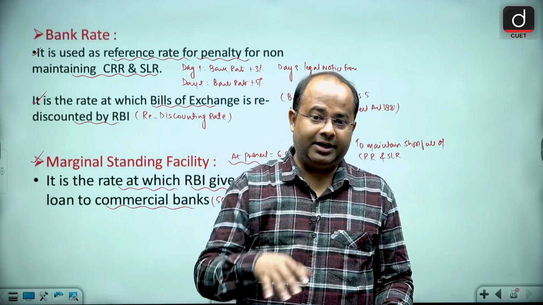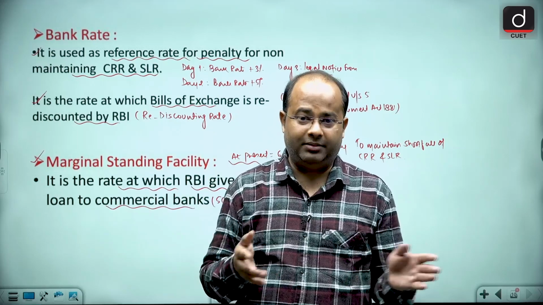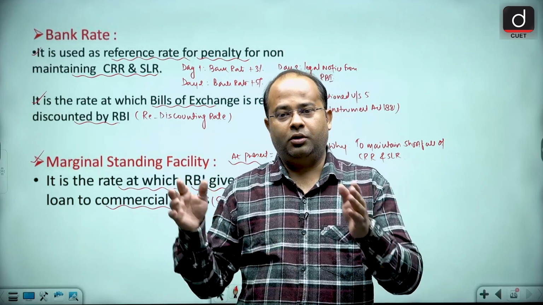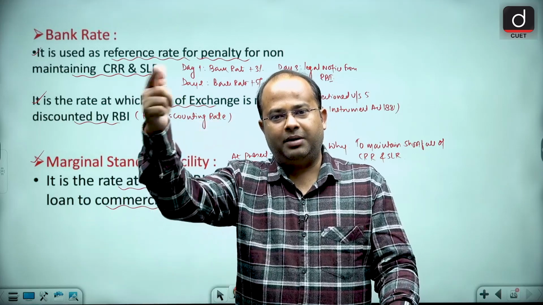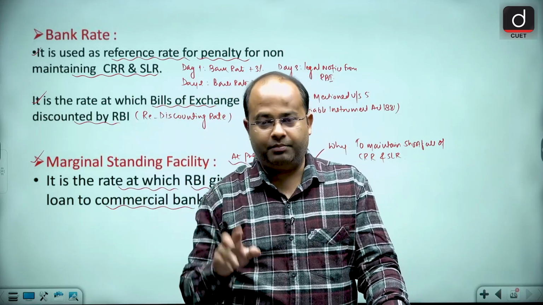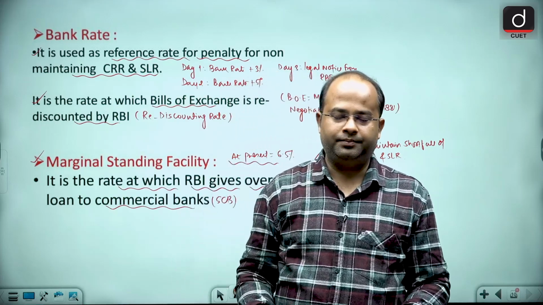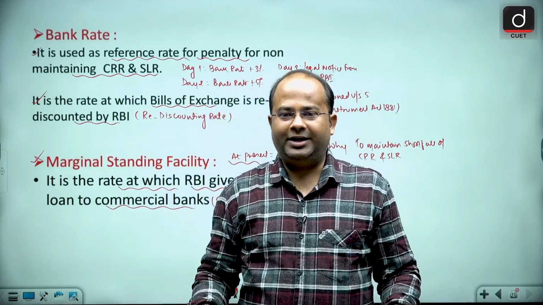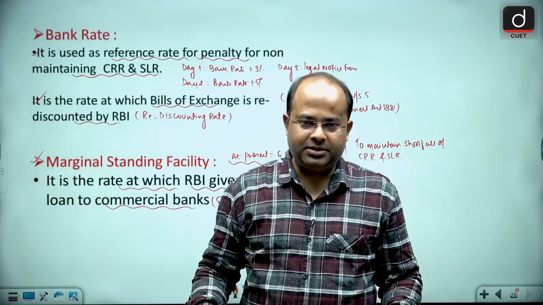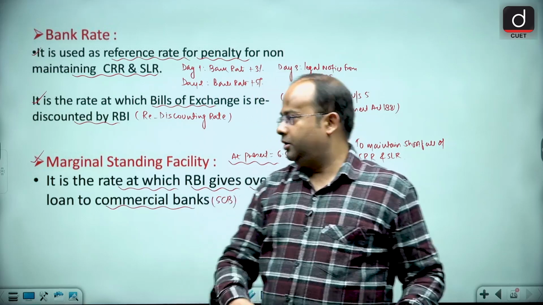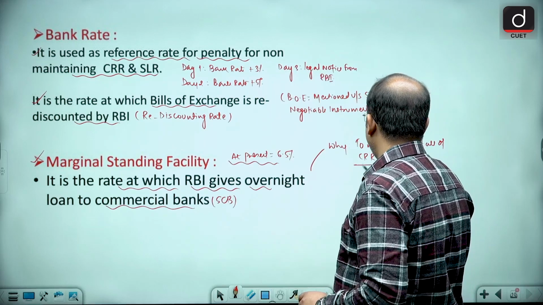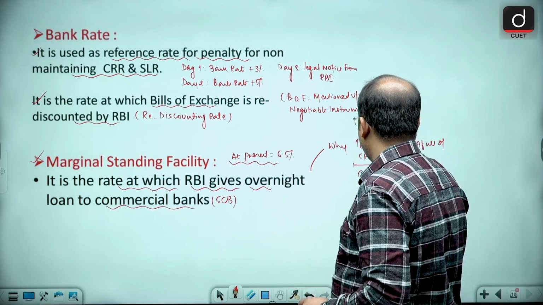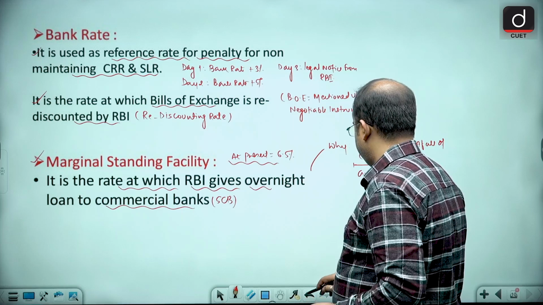At present bank rate and MSF both are the same, 6.5%. So what will happen if it is not maintained on the next day? Bank rate plus 3%, that means 9.5%, which is a very big amount. So in order to avoid the penalty by Reserve Bank of India, it is used to cover the CRR and SLR shortfall.